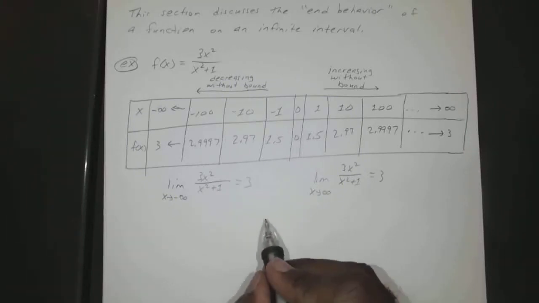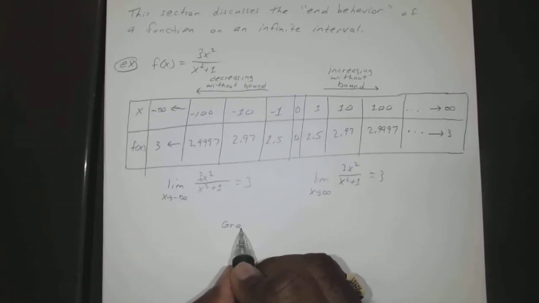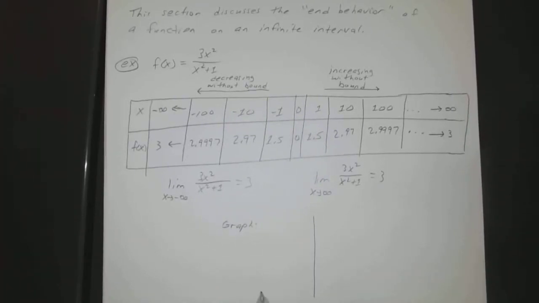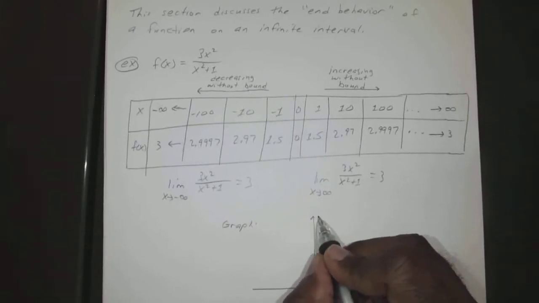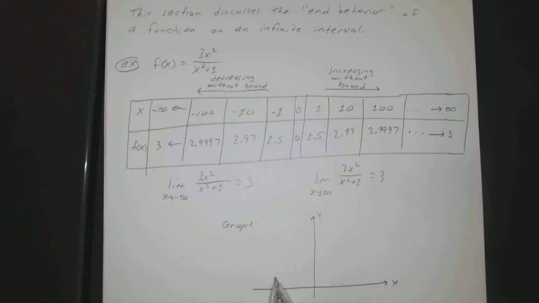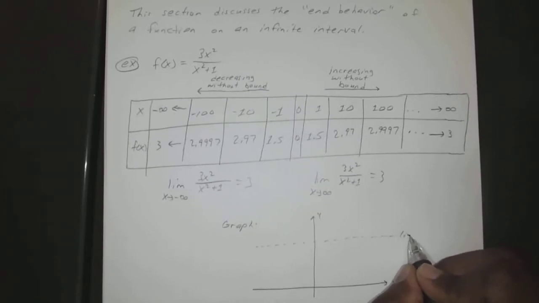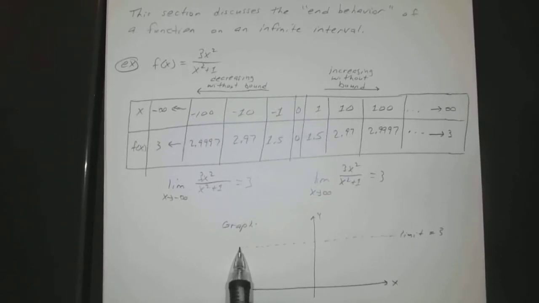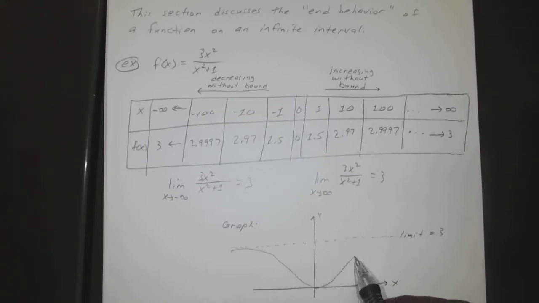Okay, so if we were to graph this, we have our x and our y-axis. This is our limit, which is equal to 3. So this graph actually looks like this.